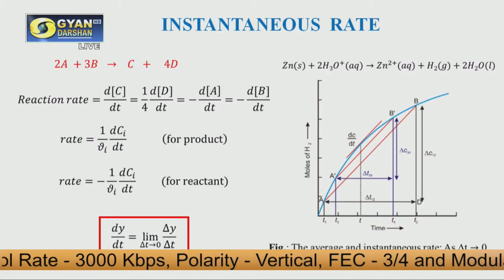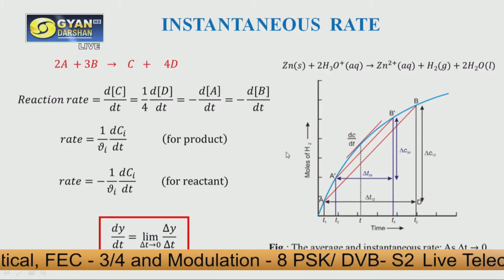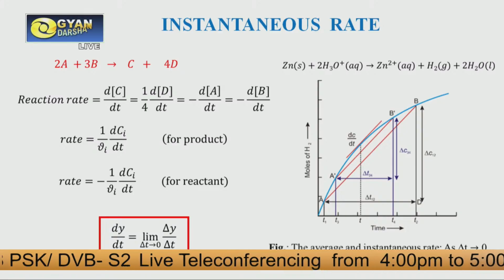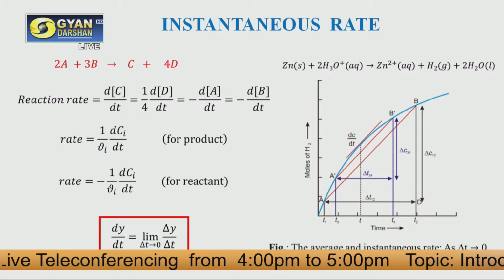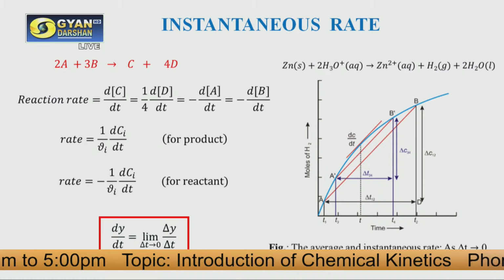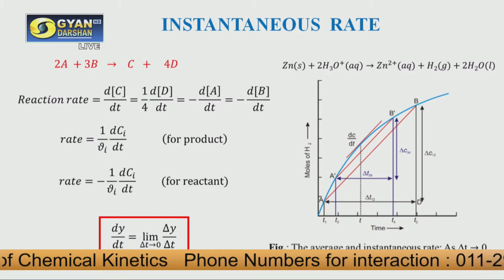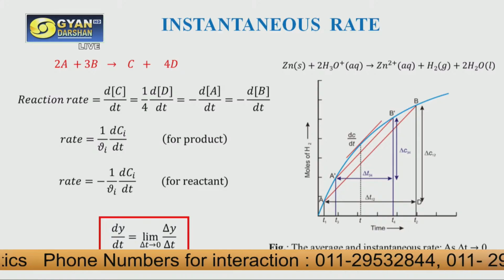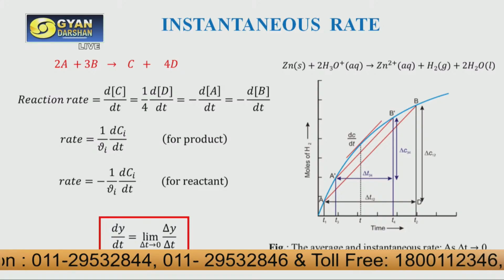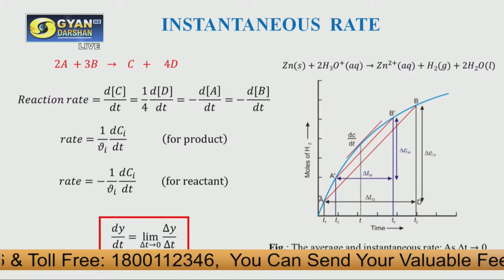Suppose you look at this graph, the average and instantaneous rate as delta t tends to 0. If we are looking at the chemical reaction of the product at time t1, we monitor the concentration of this product, and after time t2 we again monitor, and we can get the difference of the concentration at time t2 and at time t1, divided by t2 minus t1, which gives the average rate.